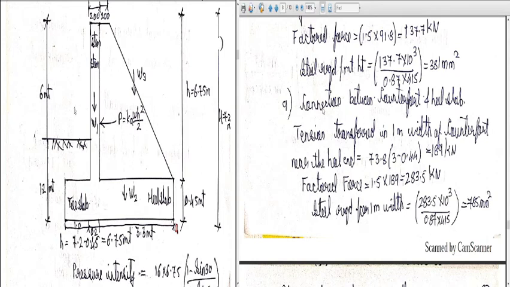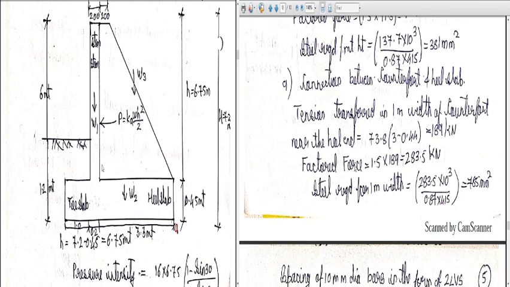Now the next connection is the connection between the counterfort and the heel slab. That is how we will connect this counterfort to the heel slab. Initially we designed the counterfort and the upright slab, and now the counterfort and the heel slab we have to design. Tension transferred in 1 meter width of counterfort near the heel end works out to be 189 kilonewton, and factoring we get 283.5 kilonewton.